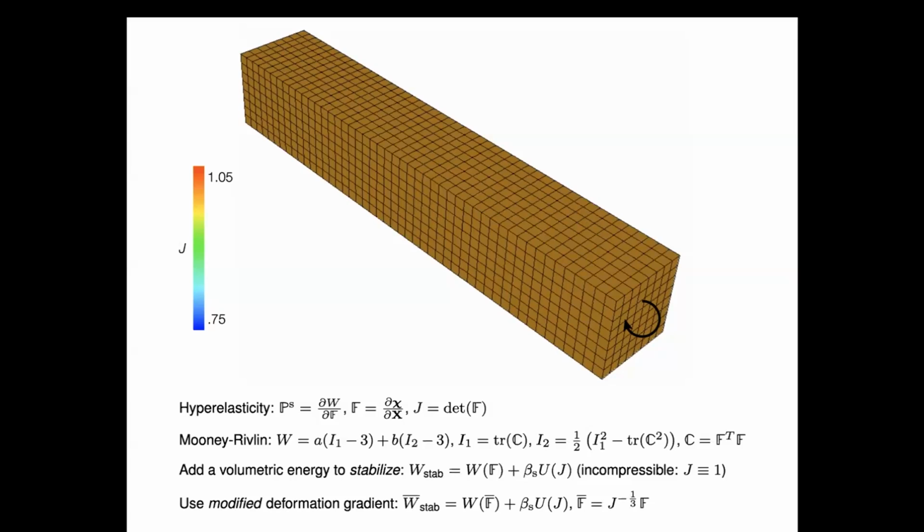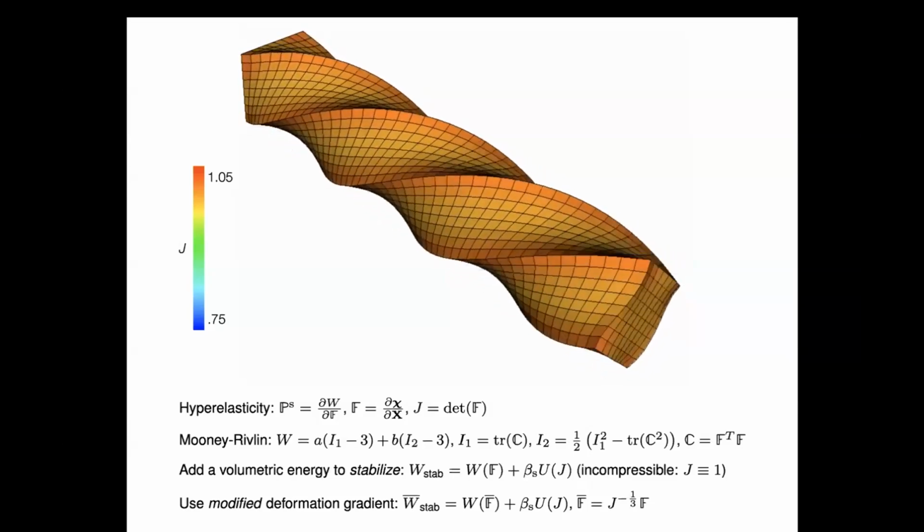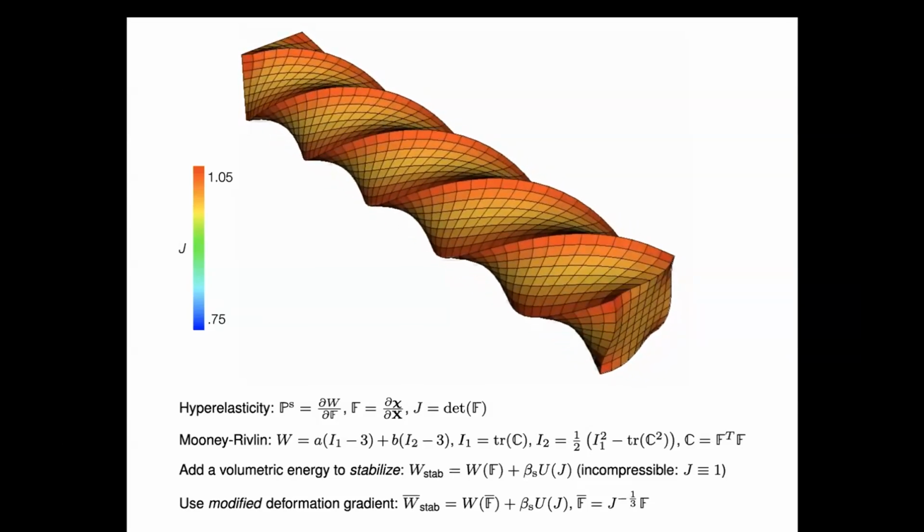This modified deformation gradient tensor is set up to only encode the deviatoric motions and not the dilational motions. This is a very standard approach in computational mechanics for dealing with nearly incompressible materials. And if you do that, lo and behold, the thing works.